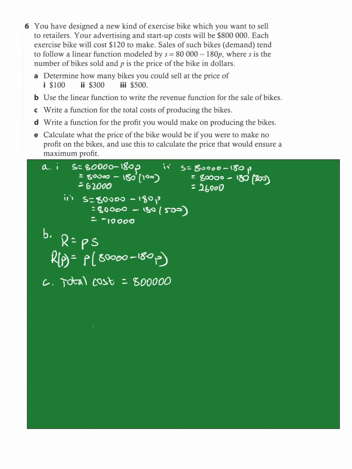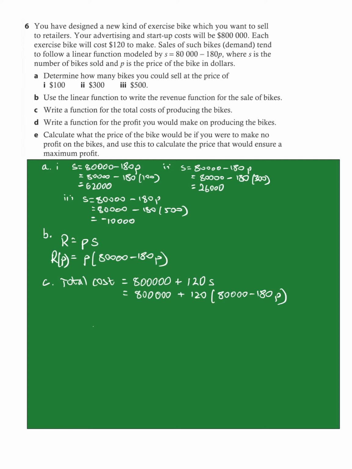So it's the 800,000 plus 120 for every bike that they make. So that would be 120 times S. We can rewrite that as 800,000 plus 120 times, and S is equal to that, so we're going to write that down as 80,000 minus 180p.